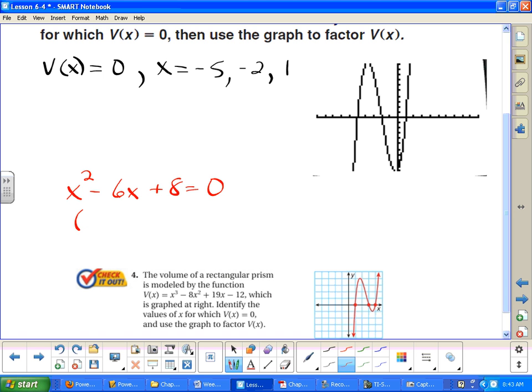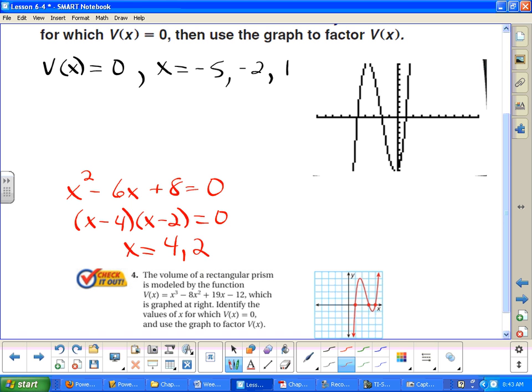So we would have x minus 4 and x minus 2 equals 0. So what would be my answers for x? 4 and 2. Does everybody remember that?